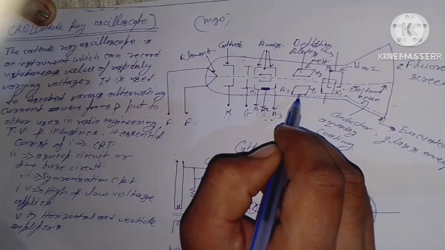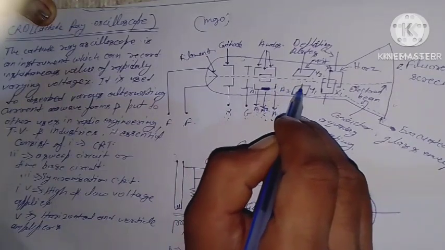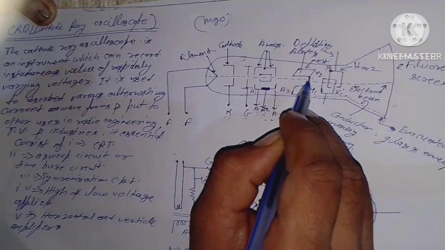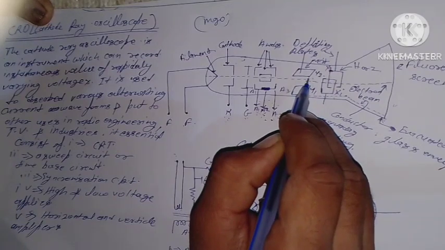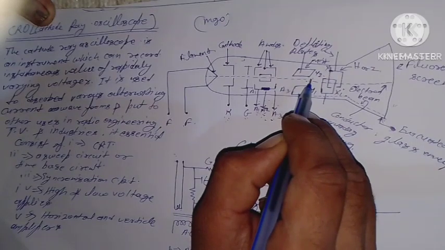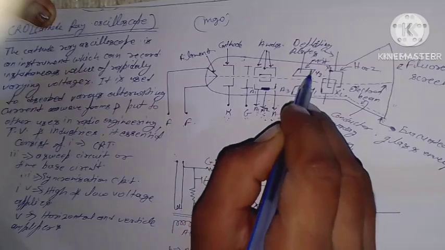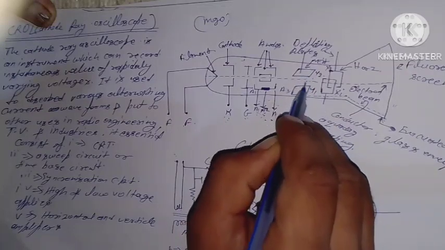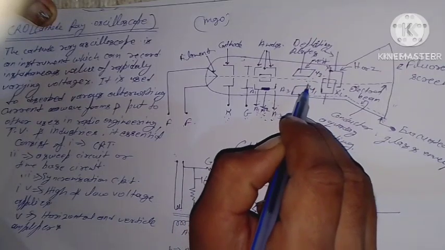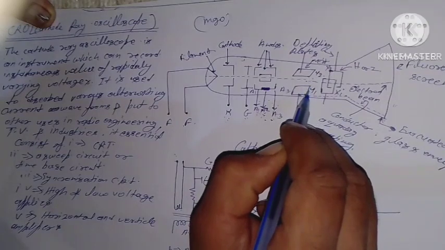In it an electric field in the vertical Y direction is set up when a potential difference is applied to the plates, thereby causing the electron beam to move up or down according to the polarity of the plates.